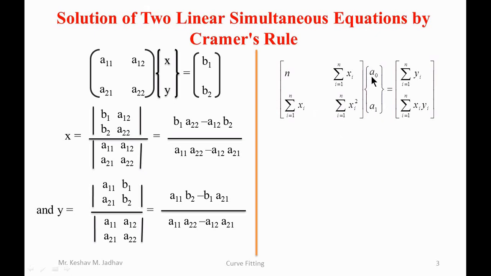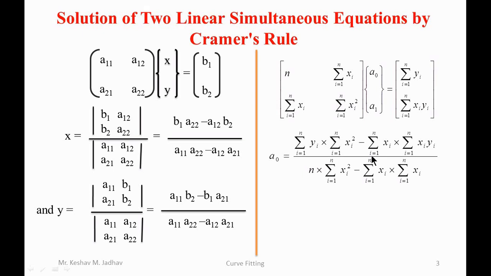Here we have to calculate the values of a0 and a1. If we use Cramer's rule, then to calculate the value of a0, we replace the first column by the right hand side matrix. Then at the numerator we take its determinant.